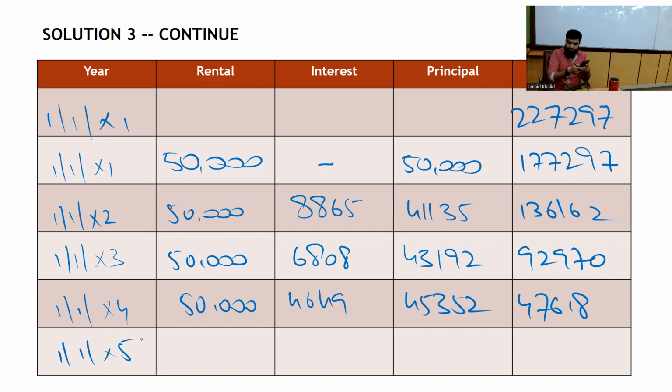That is the 5th rental, and the 5th rental definitely amounted to 50,000, and the liability is 47618. The 5% interest rate applied is 2381. Out of 50,000, 2381 is the interest. That means 47618 is the amount of principal paid, which means the remaining liability is 0.